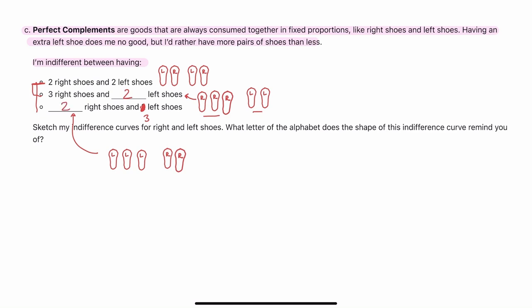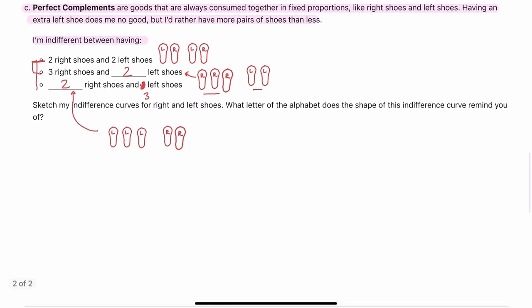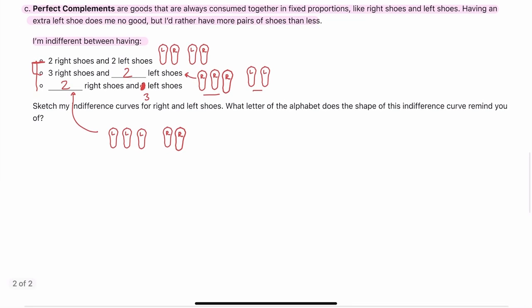Sketch my indifference curves for right and left shoes. What letter of the alphabet does the shape of this indifference curve remind you of? So let's sketch the indifference curve that we were just talking about, with right shoes here and left shoes here. I'm indifferent between having 2 right and 2 left, so 1, 2, 1, 2, right here.